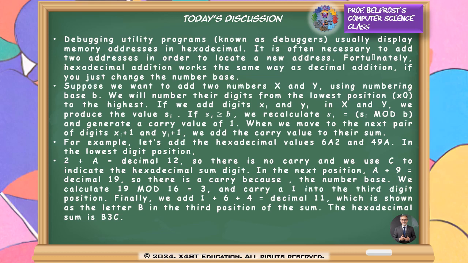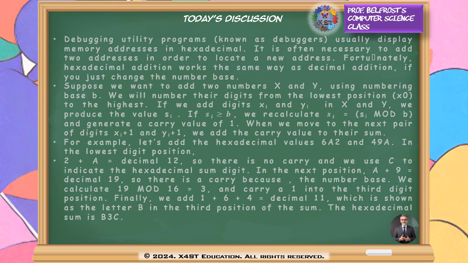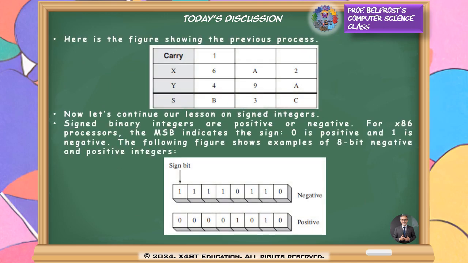So we calculate 19 mod 16, which is 3, and carry a 1 to the third digit position. Then we add 1 plus 6 plus 4, which is decimal 11, and we have the sum B3C.